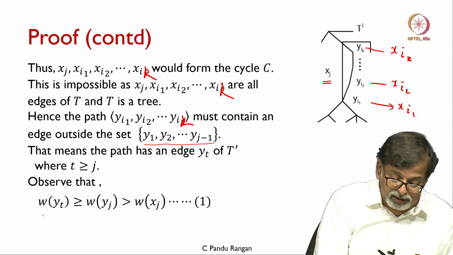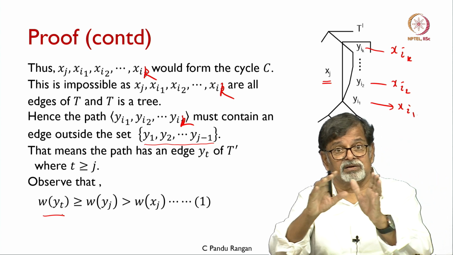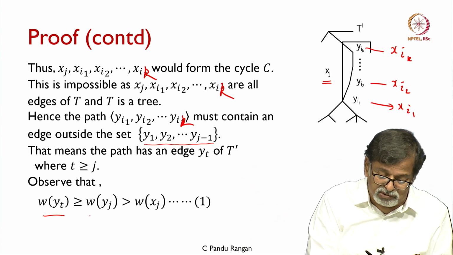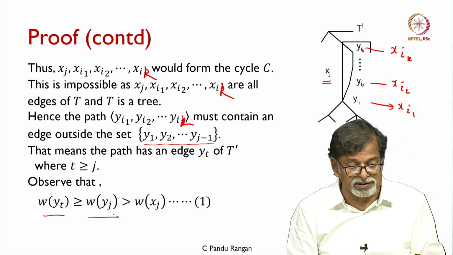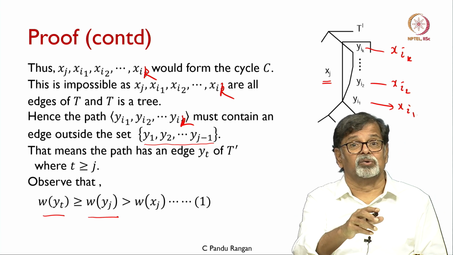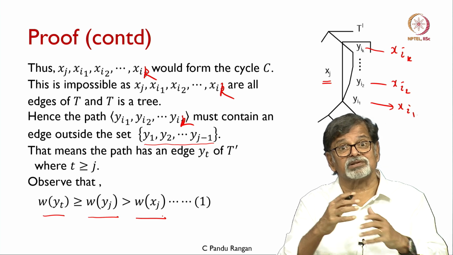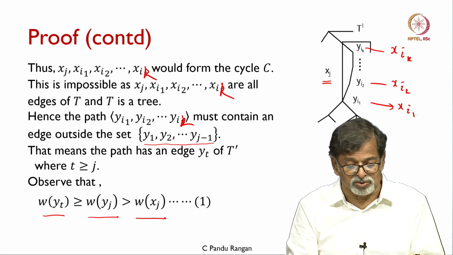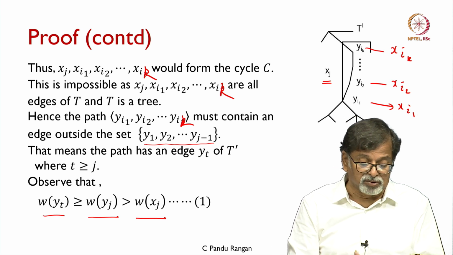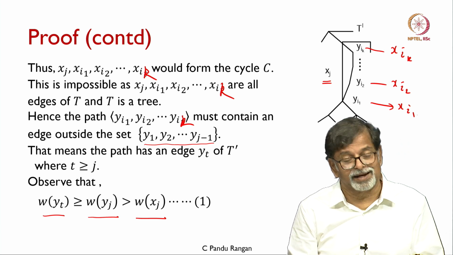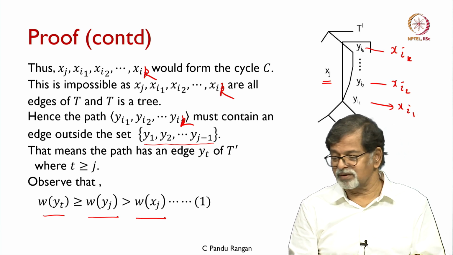Therefore, wyt, remember the edges of y are arranged in increasing order, will be greater than or equal to wyj, but we know that wyj is greater than wxj because xj was greedily chosen. Therefore, you have wyt greater than wxj, okay.